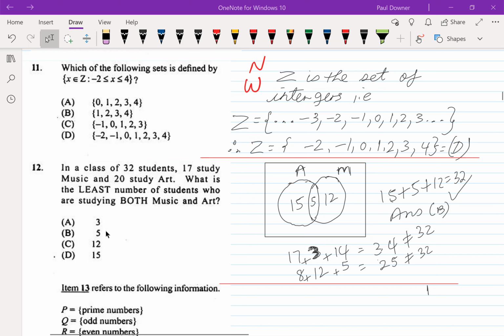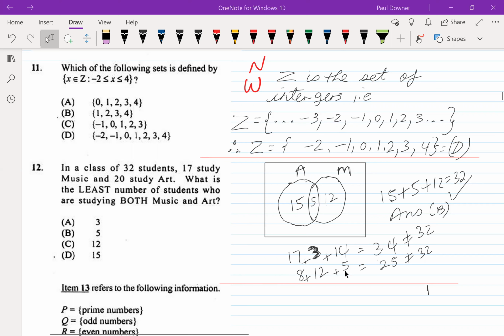But just for academic purposes, I went back and tried it with 12 to see what would happen. If this is 12, to get 20 in the A circle, it'd be 12 from 28, so this would have to be 8. So you'd have 12 and 8. And in this circle, if this is 12 here, then to make 17, it'd have to be 5 here.